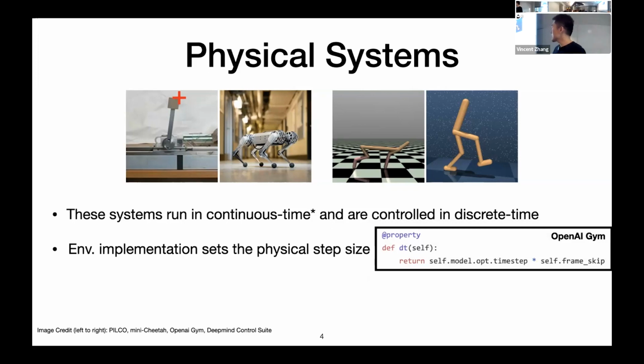If you look into the code, there's often this delta t, and that's defined by the model time step, which is just some quantity in the definition of the robot, and that combines with frame skip to give you some number, and that number never gets changed. So as a community, we optimize our algorithms for that fixed number.